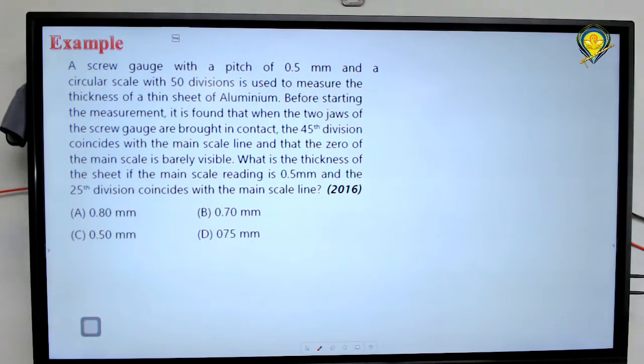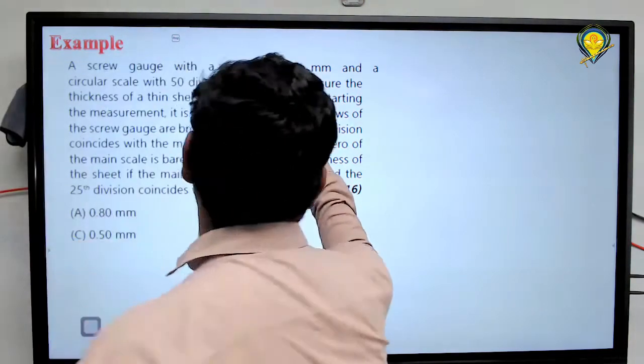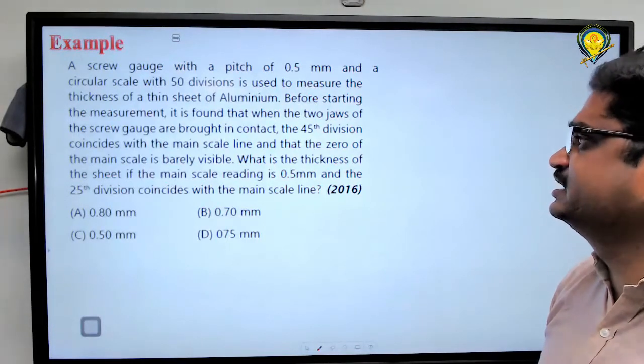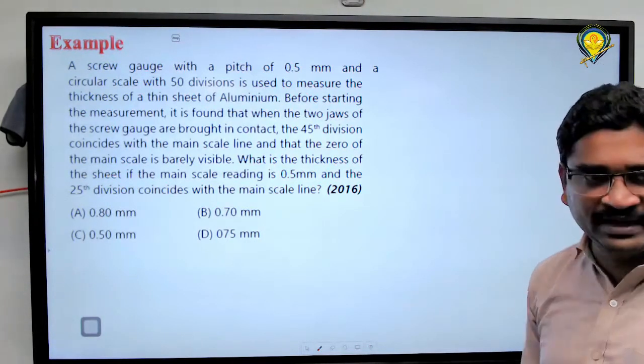So here the question is given as: a screw gauge with a pitch of 0.5 mm and a circular scale with 50 divisions is used to measure the thickness of a thin sheet of aluminium.